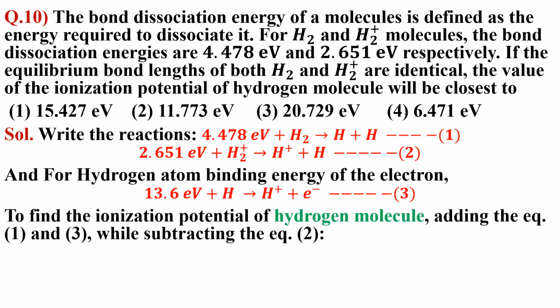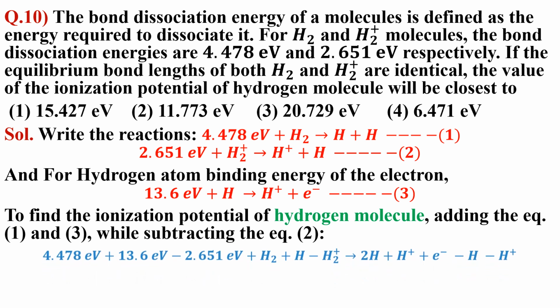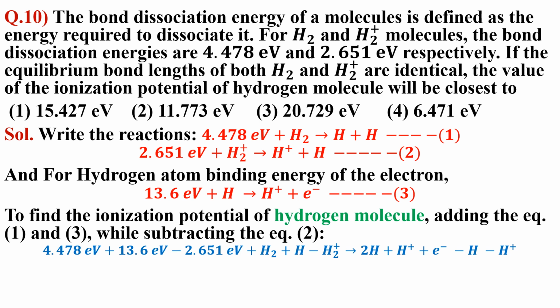To find the ionization potential of the hydrogen molecule, add equations 1 and 3 while subtracting equation 2. We get 4.478 plus 13.6 minus 2.651 electron volt, which gives 15.427 electron volt plus H2 gives H2+ plus electron. Option 1 is correct.